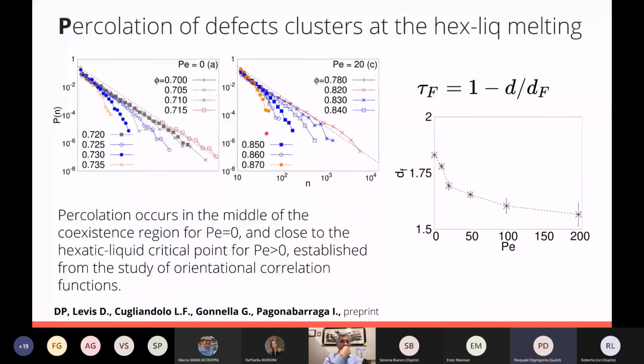And for example, here, as you can see from the power law of the critical decay of the cluster size distribution, which is related, according to percolation theory, to the fractal dimension of the percolating clusters, we can confirm somehow the idea that the defective clusters get more string-like by increasing the activity, for example.